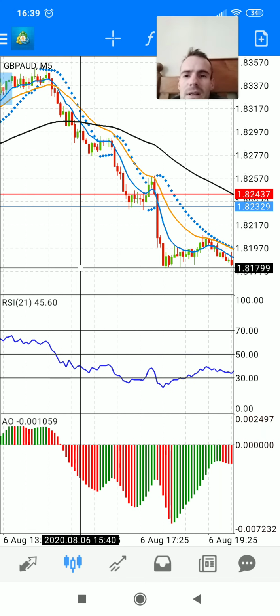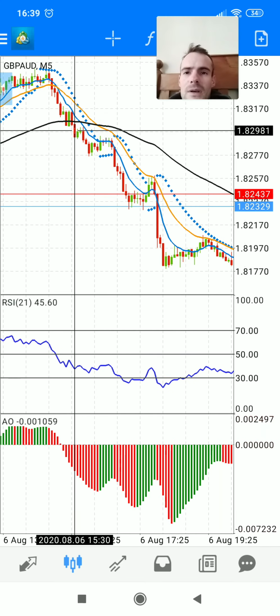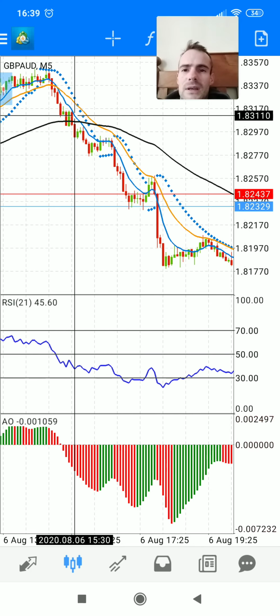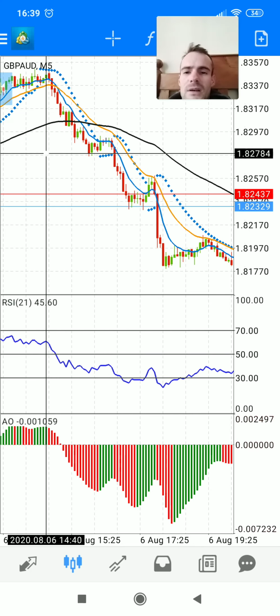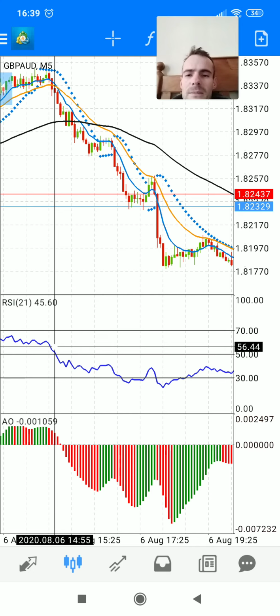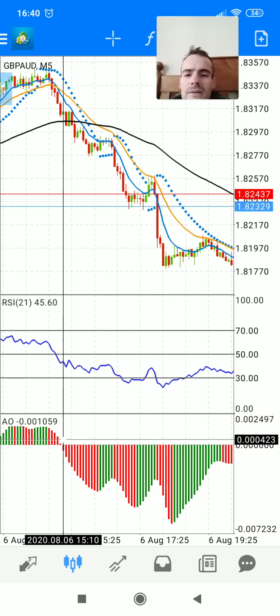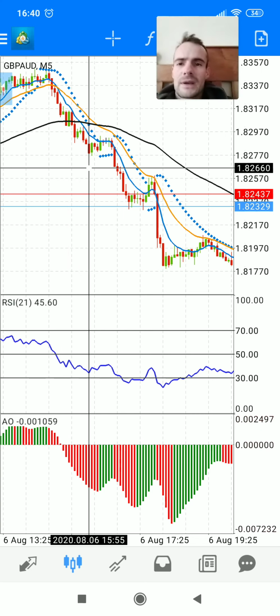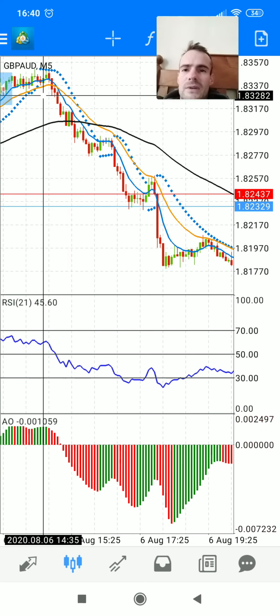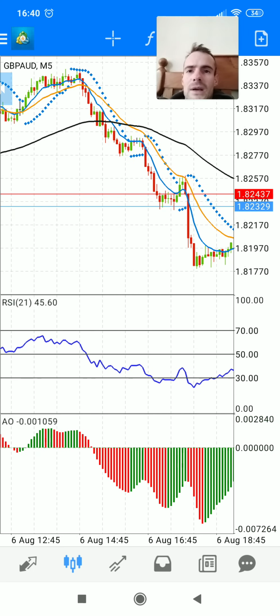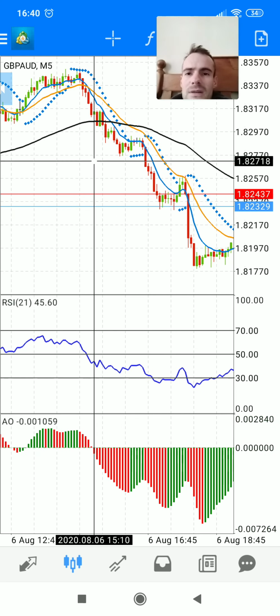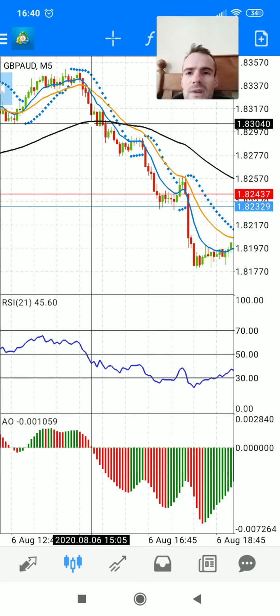Same thing on a downtrend. Price broke below the 90 period EMA. Price broke below the 50 on the RSI over here. Price broke below the 0 level on the awesome oscillator. The crossover happened slightly further above, so I probably wouldn't have taken this trade.